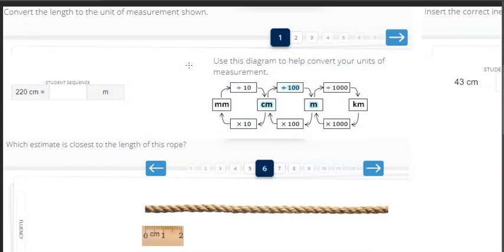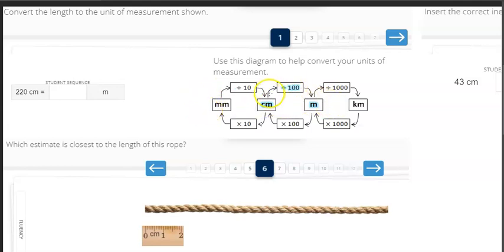This first example is we're going to look at converting the length of the measurement shown below, and we want to find out what 220 centimeters will be in the form of meters. On the right there is a Learn Me tab that you will use, and this diagram will help you convert the units of measurement. We want to go from centimeters to meters.